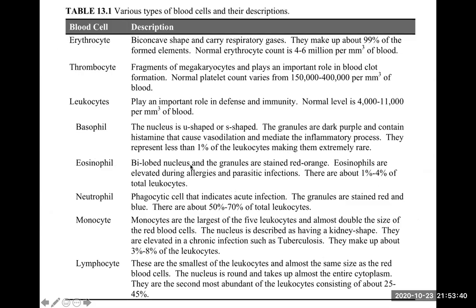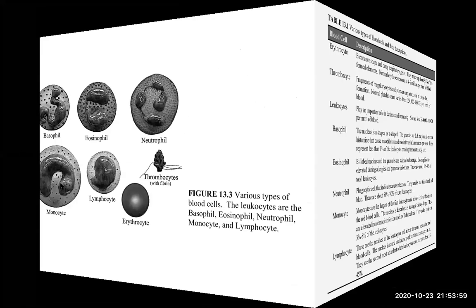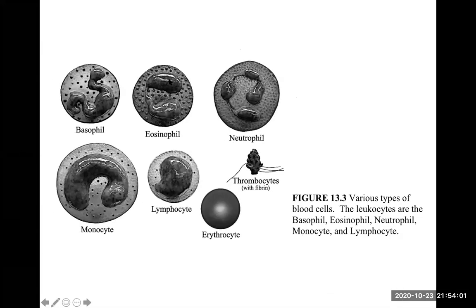The basophil granules will be dark purple depending on the stain and will contain histamine that helps with the inflammatory response. Eosinophils have a bilobed nucleus with the granules staining reddish orange. Eosinophils are elevated during allergies and parasitic infections. So the bilobed nucleus is characteristic of an eosinophil.